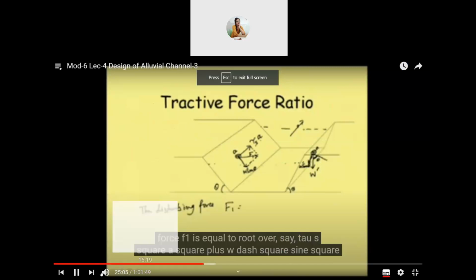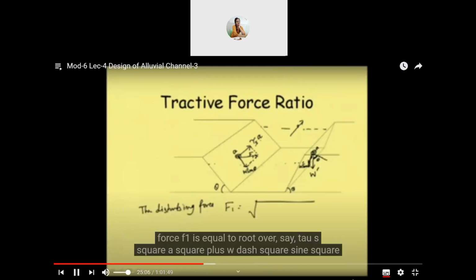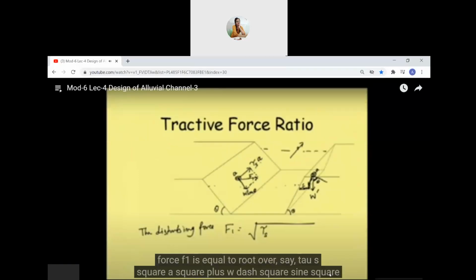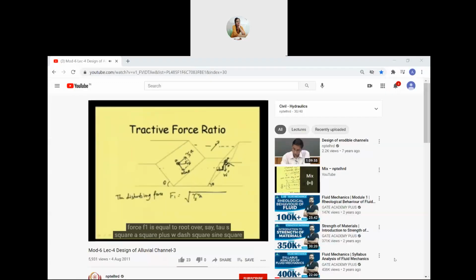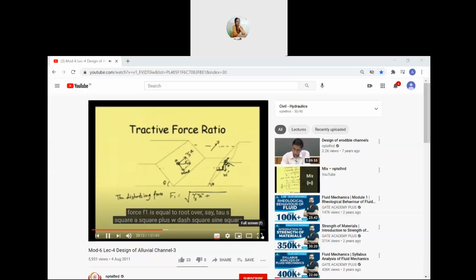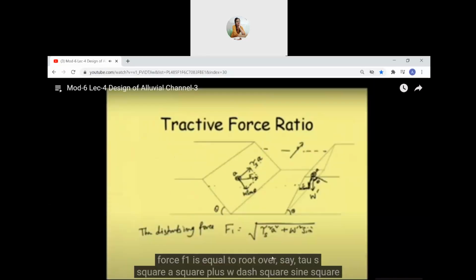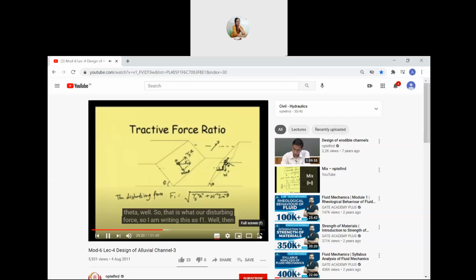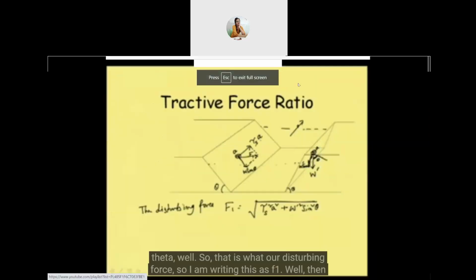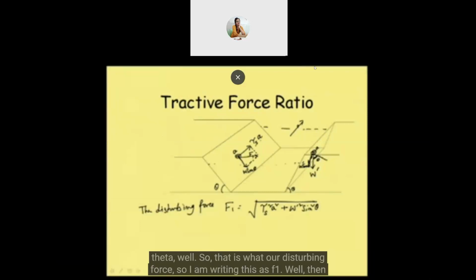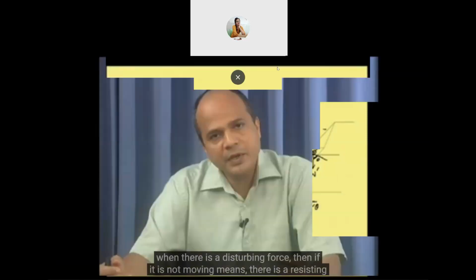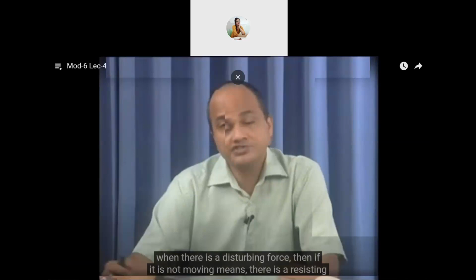F is equal to root over tau_s squared a squared plus w' squared sine squared theta. So that is our disturbing force. I'm writing this as F1. Then when there is a disturbing force, if the particle is not moving, there is a resisting force also.